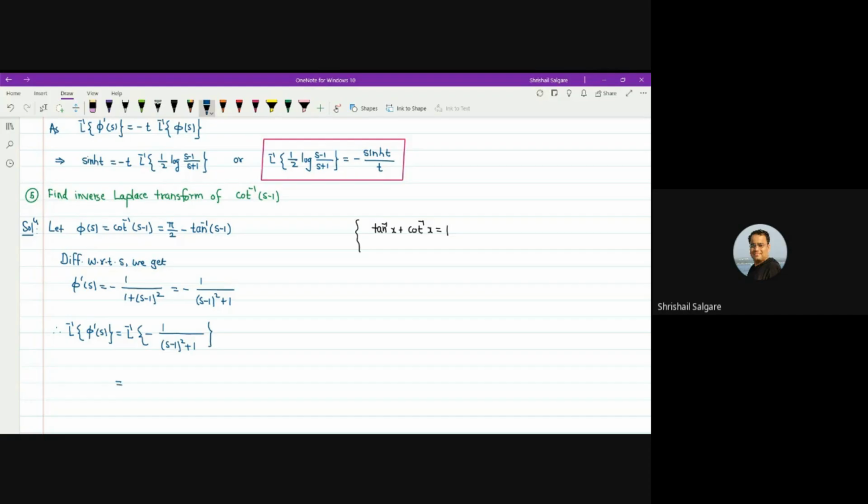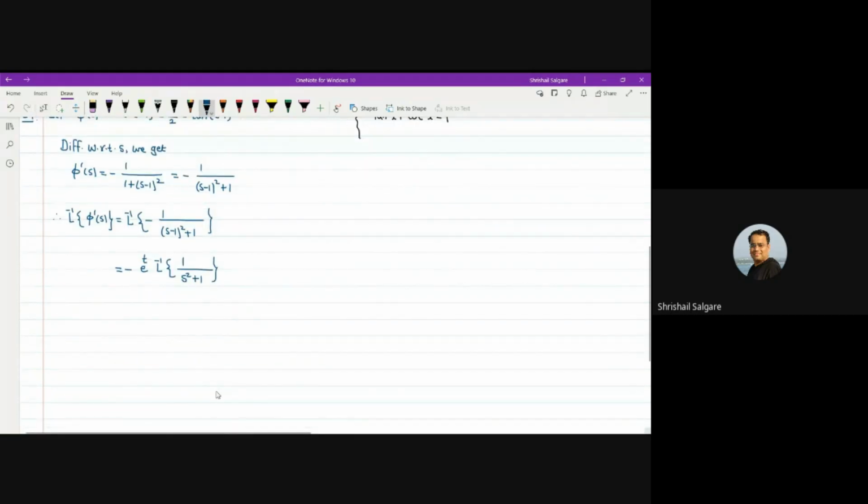So this negative sign I will take outside, and by the shifting theorem, e to the power t into L inverse of 1 upon (s square plus 1). And what is the inverse Laplace transform for that bracket? Which is minus e to the power t into sine t. Is it right?